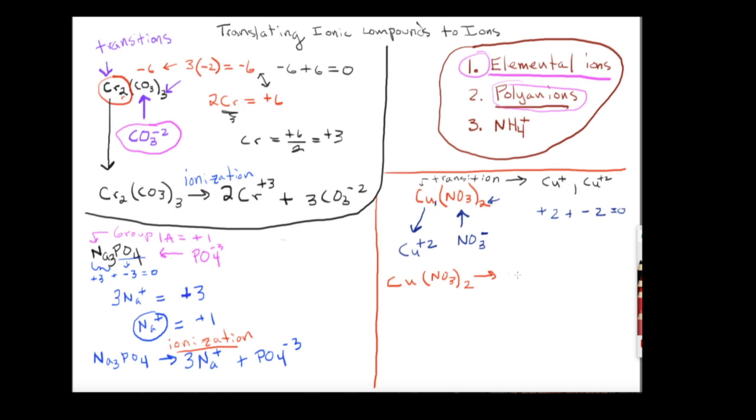We have an arrow, and then we're going to have Cu+2, and then that's going to be added to 2 NO3 minuses, and this is ionization.